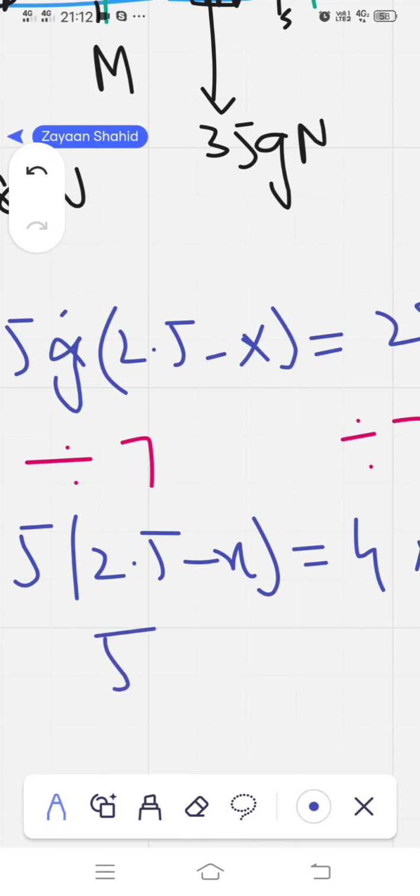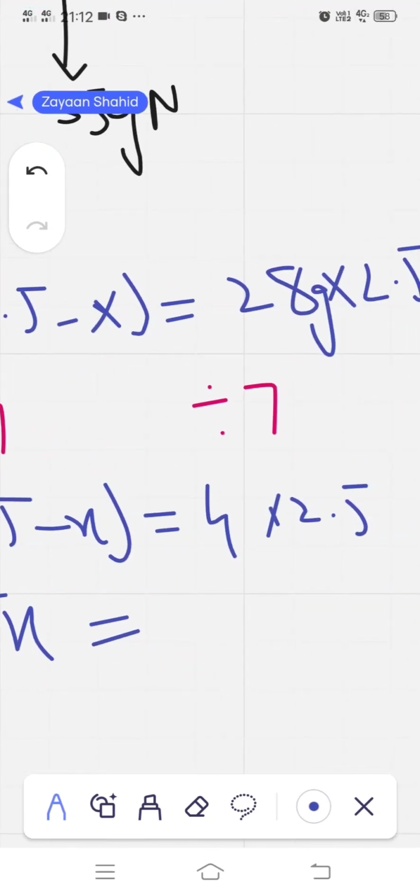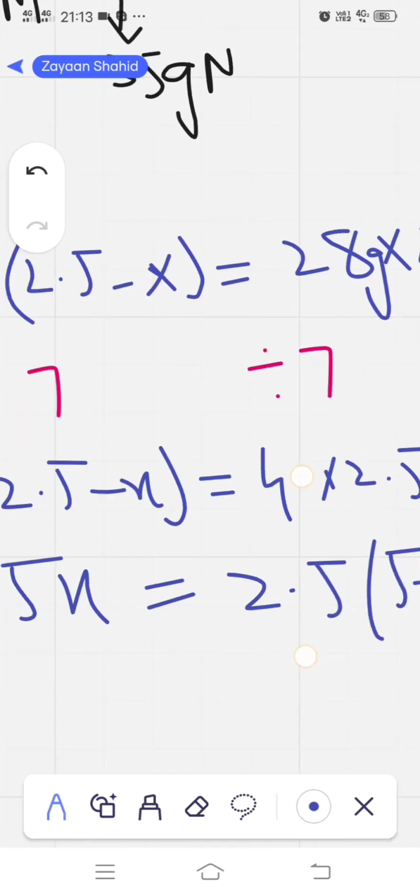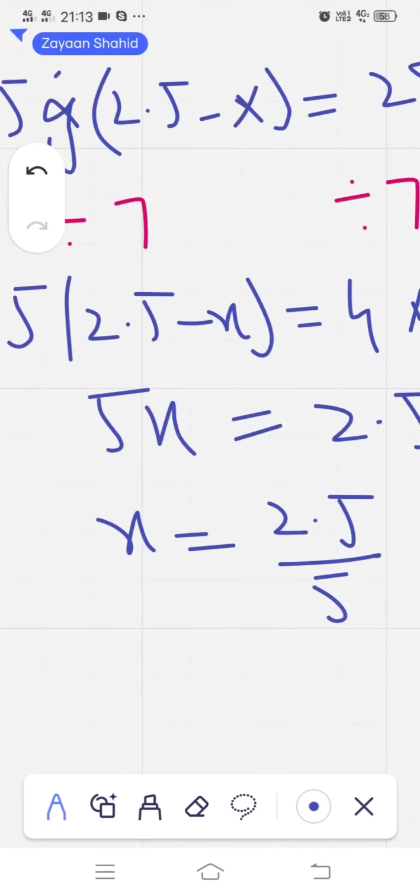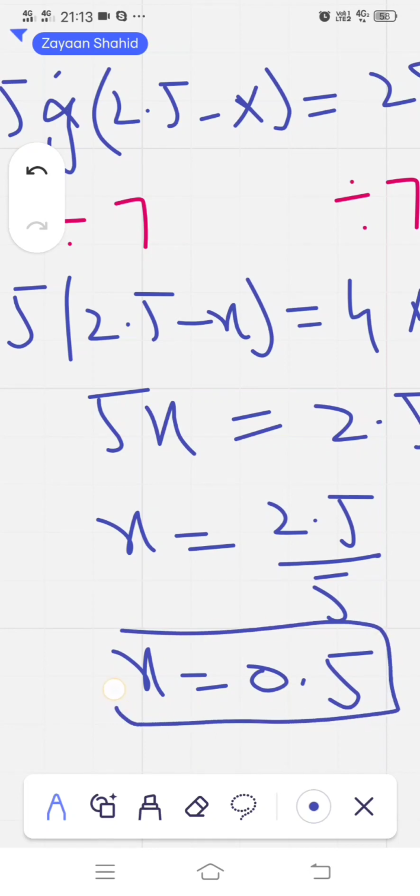So 5x is equal to, I'm writing directly, 2.5 into 5 minus 4. So x is equal to 2.5 divided by 5, and x is equal to 0.5.